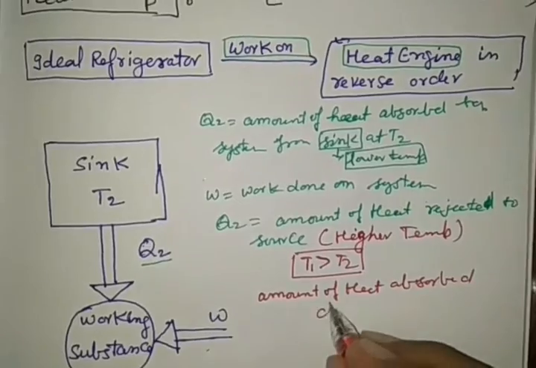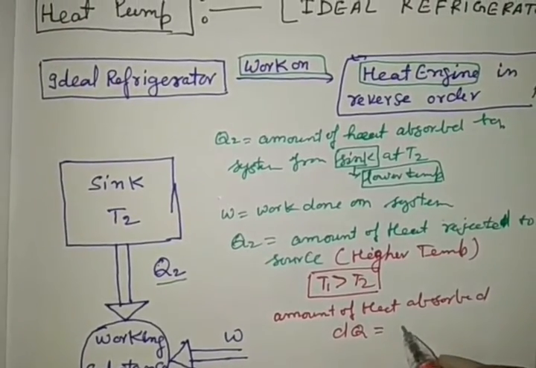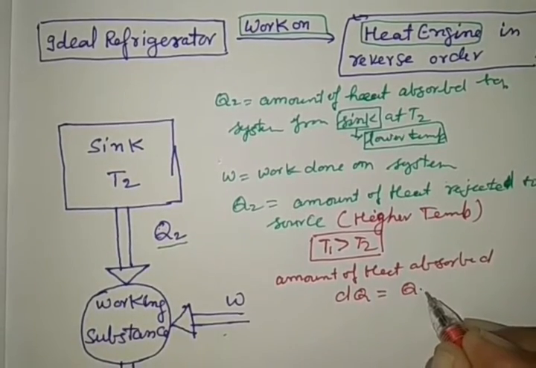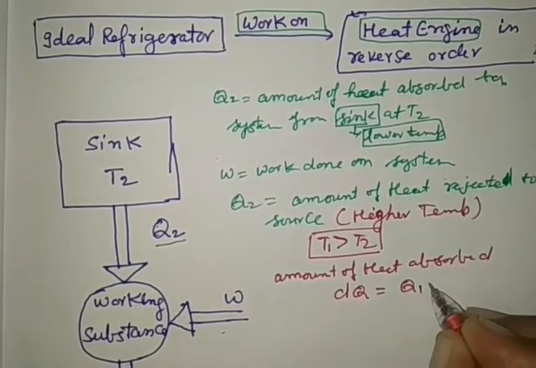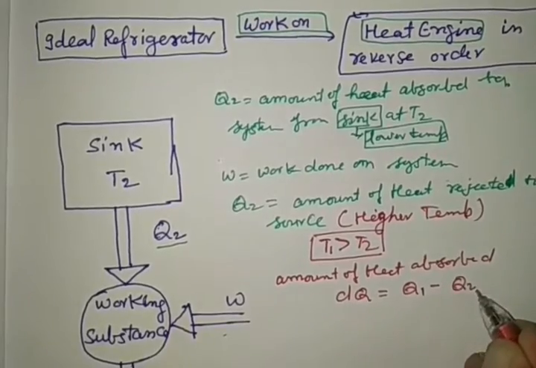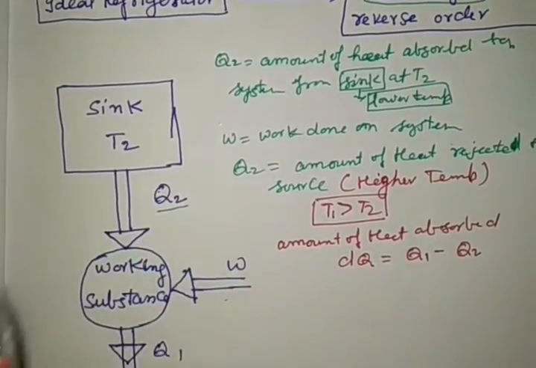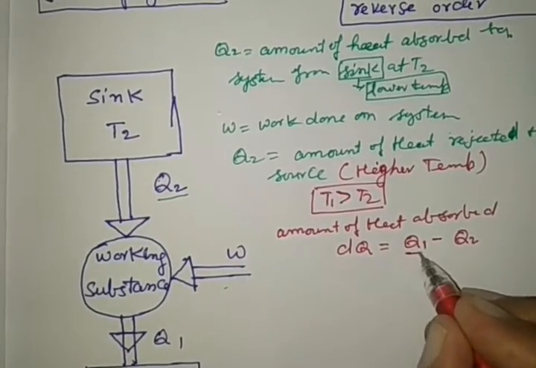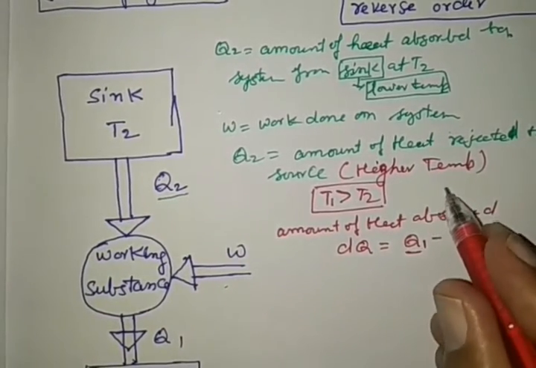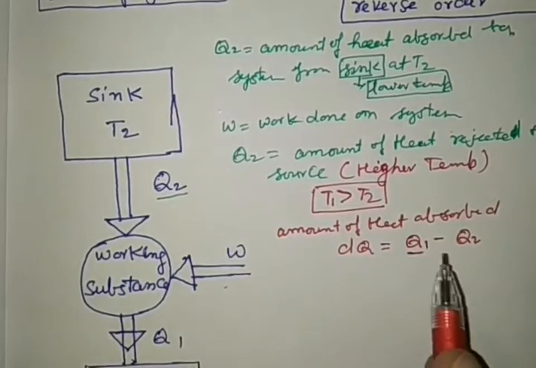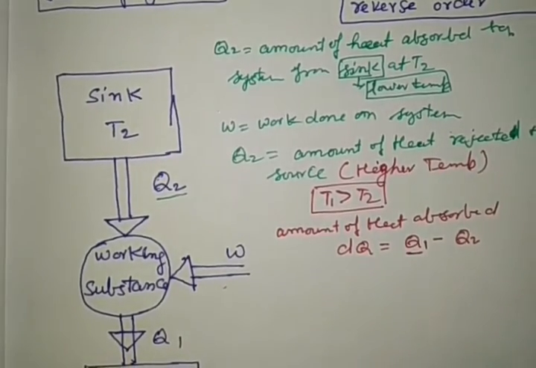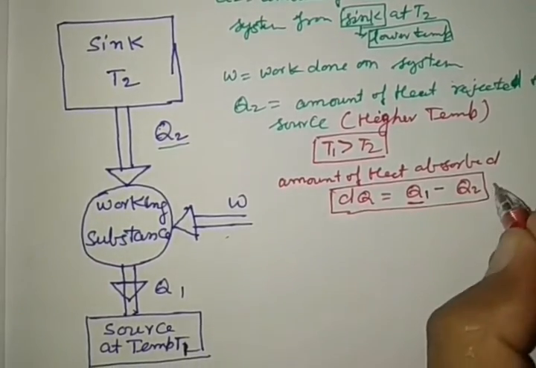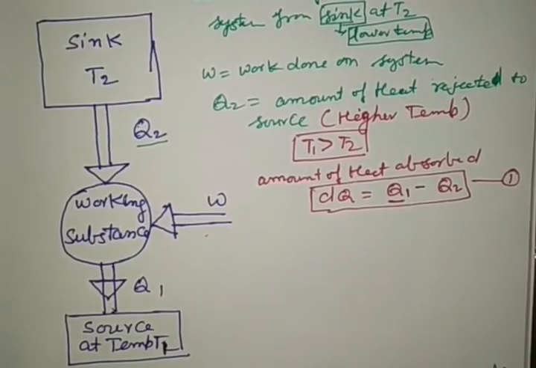Let dQ, the amount of heat absorbed, be Q2 minus Q1: Q1 amount of heat is rejected to the source, minus Q2 amount of heat taken from the sink. It is more because work is done on the system. Work is also converted in the form of heat energy here. So we may write it as equation number 1 in this case.